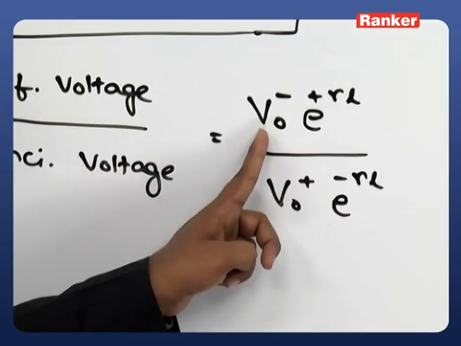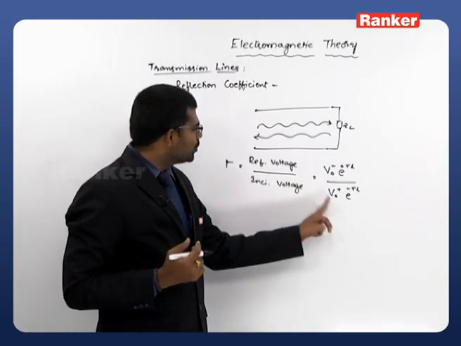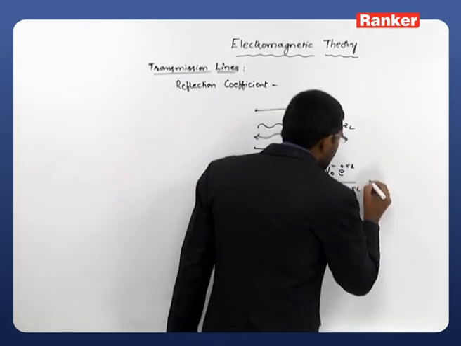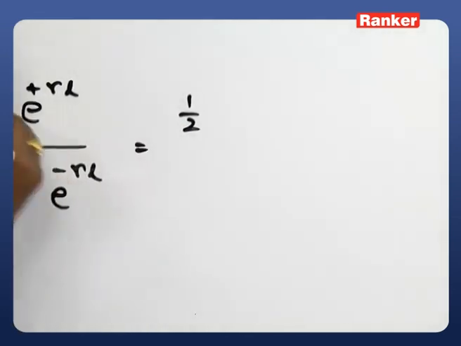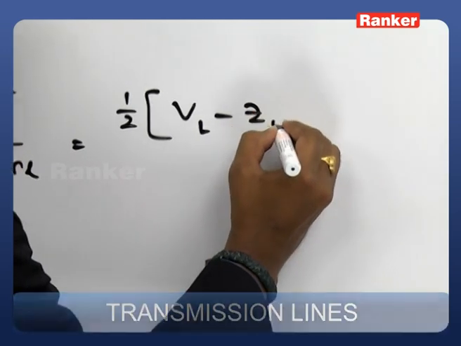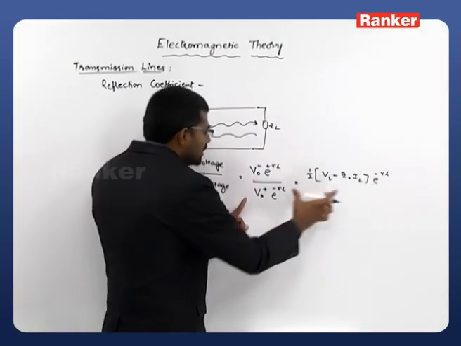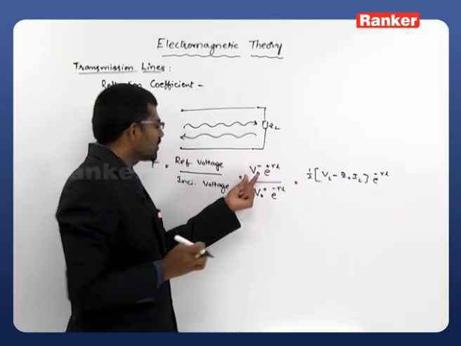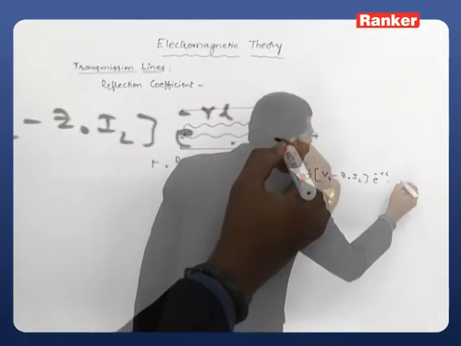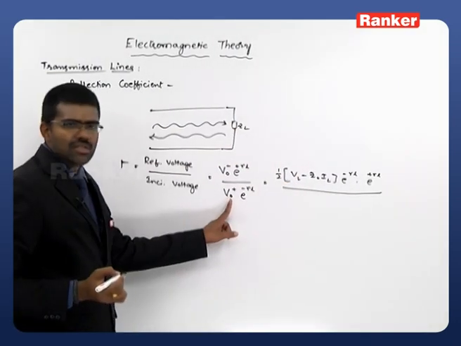So now what you are supposed to do is substitute this V0 minus and V0 plus. If you substitute these two, then this gamma will be simplified. So what is V0 minus? Now recollect from your previous steps, you will get V0 minus as 1 by 2 (VL minus Z0 IL) e power minus gamma L. This entire thing replaces our V0 minus, taken from our previous step, and multiplied with this e power plus gamma L, divided by, in the denominator, V0 plus.